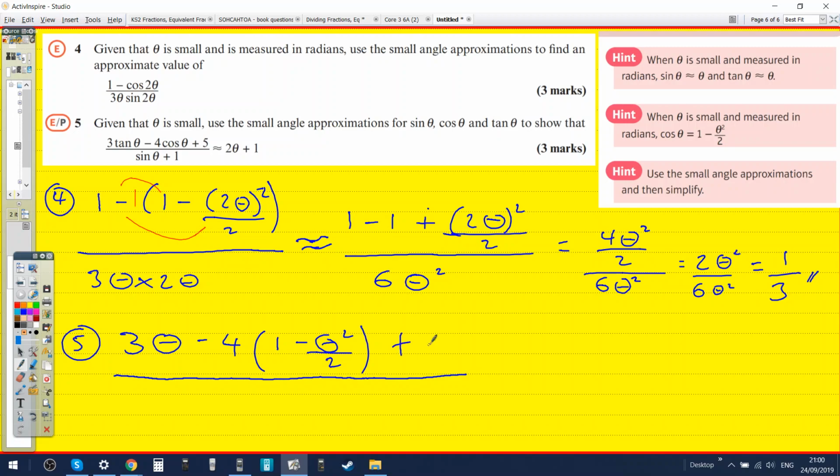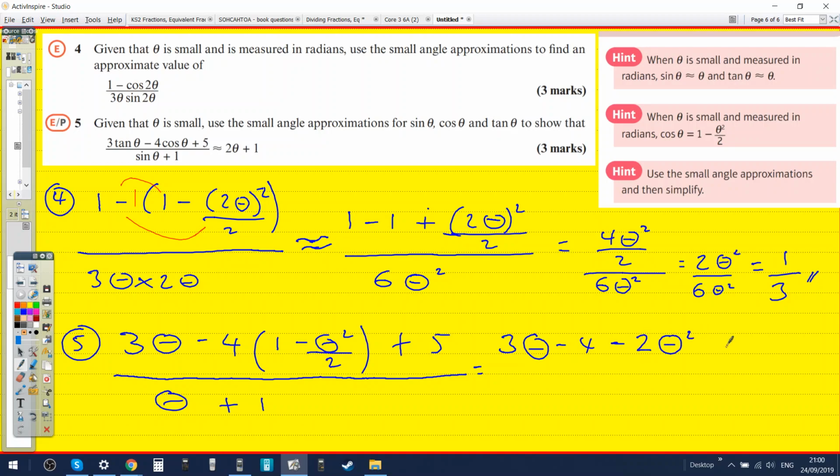And then you expand the brackets. Minus 4 plus 4 theta squared over 2 plus 5. Yep.